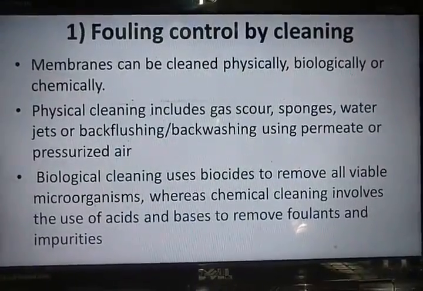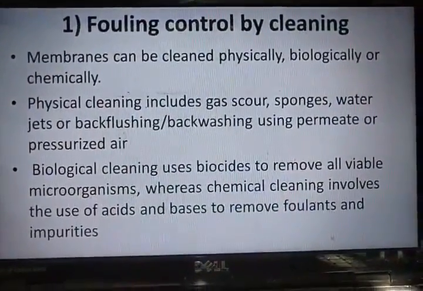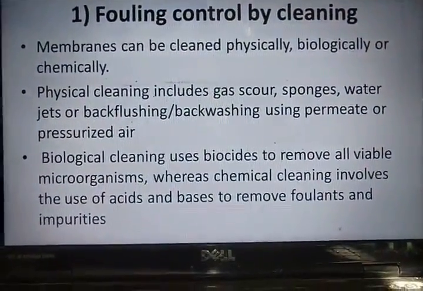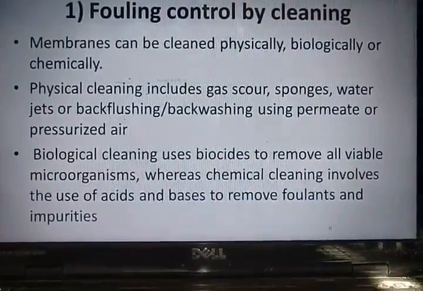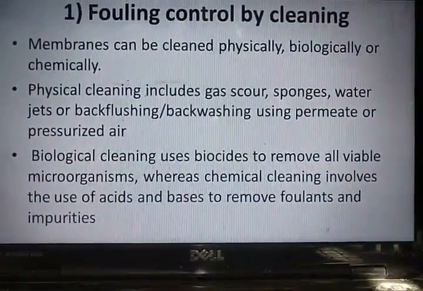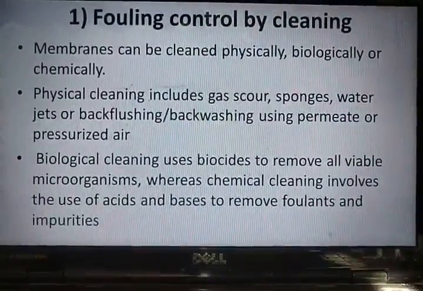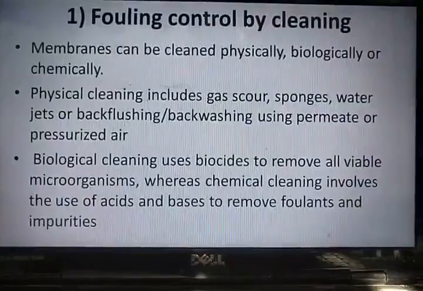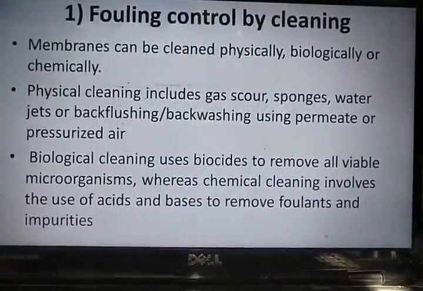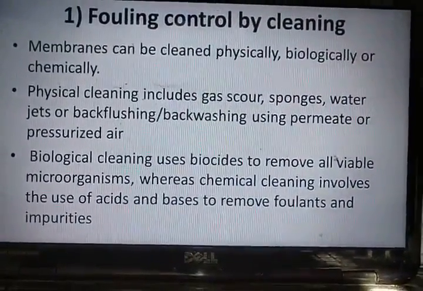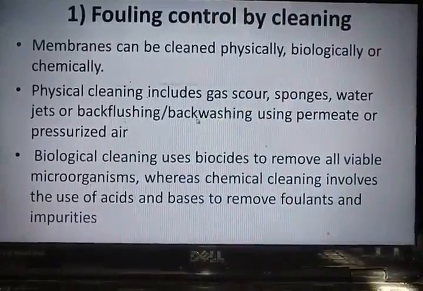So coming to fouling control by cleaning, these membranes can be cleaned physically, biologically or chemically. Physical cleaning includes gas scour, sponges, water jets, or backflushing or backwashing using permeate or pressurized air. So this we have already seen during the cleaning of the rapid sand filter and pressure sand filters.